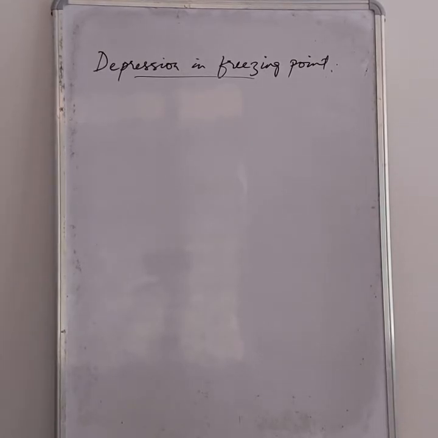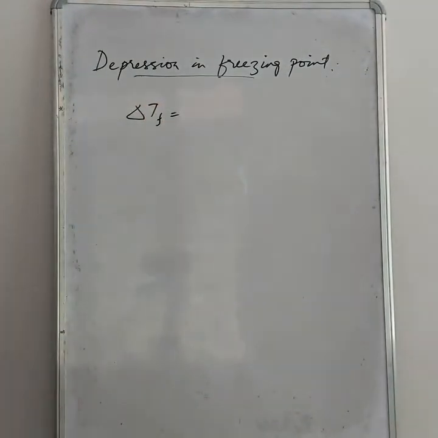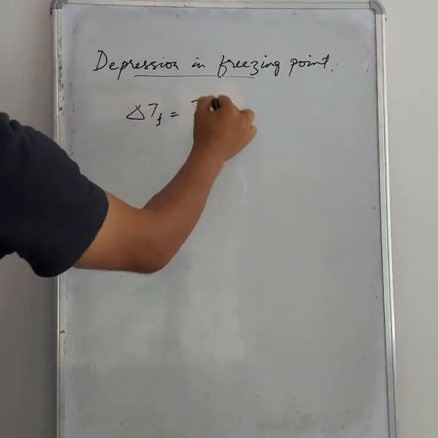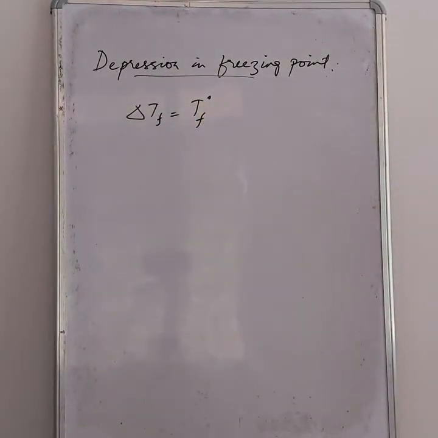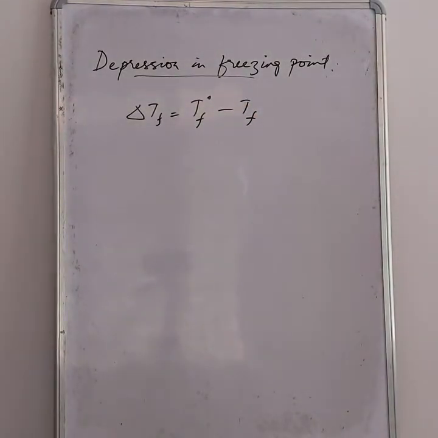Once you add solute to a solvent, it changes the structure of the solvent, and hence it deviates from the normal freezing point. So the change in the temperature of the freezing point is equal to the absolute temperature of the freezing point of the solvent minus that of the solution.